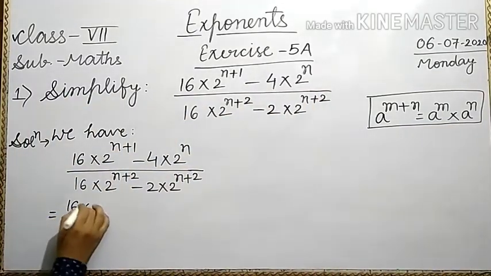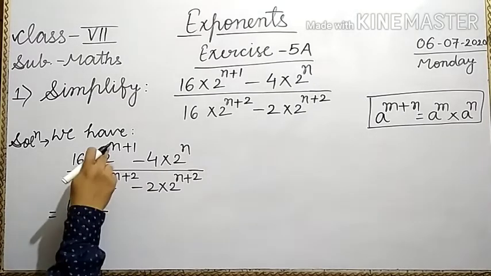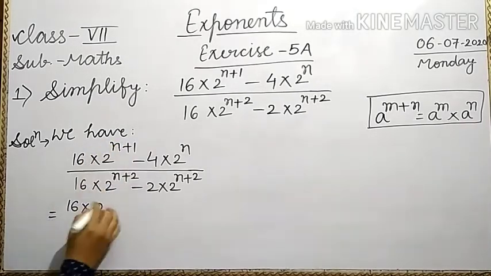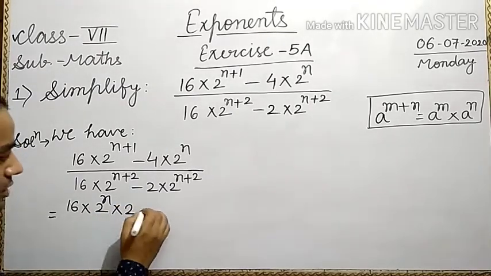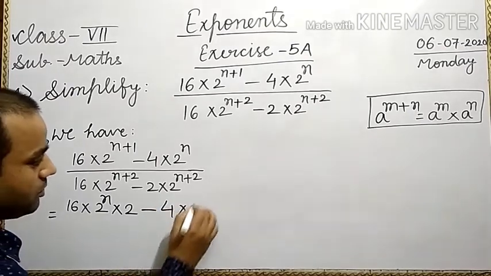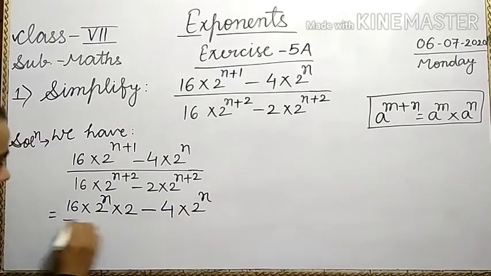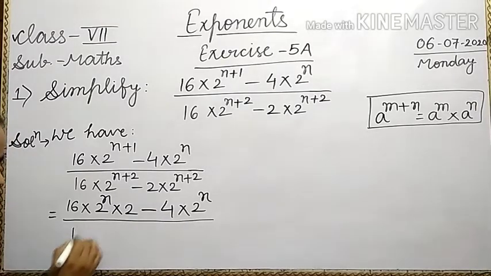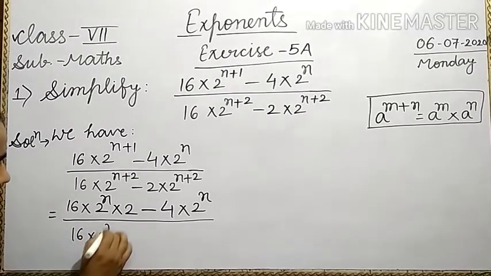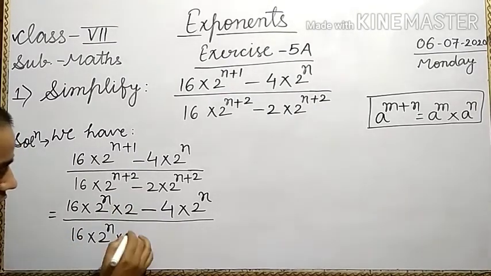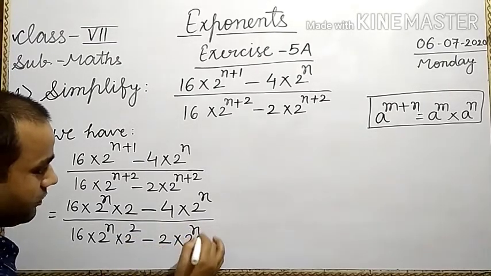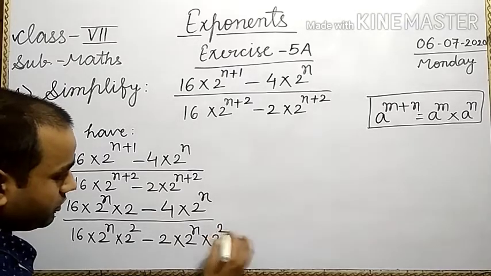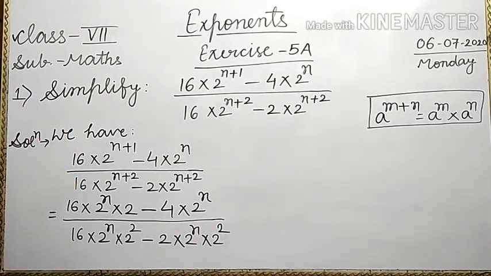Here, 16 into 2 power of n into 2 power of 1, which means 2, minus 4 into 2 power of n, upon 16 into 2 power of n into 2 power of 2 minus 2 into 2 power of n into 2 power of 2. Is it clear?